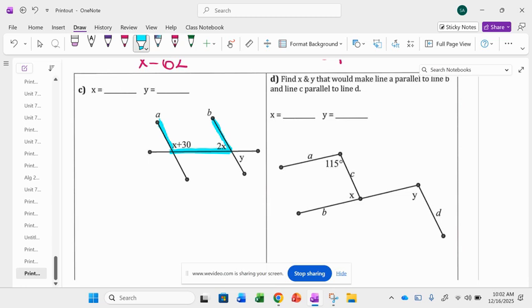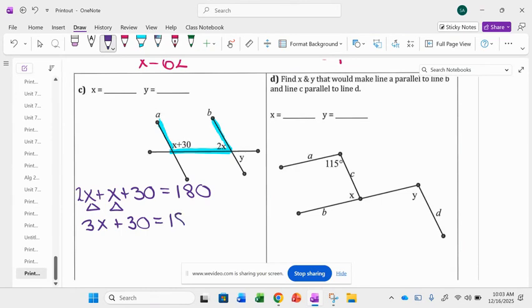A C. And now we have to remember, once again, the angles in the C, are they equal to each other or do they add to 180? So our equation is going to be 2X plus X plus 30 equals 180. Combine our like terms, we get 3X plus 30 equals 180.